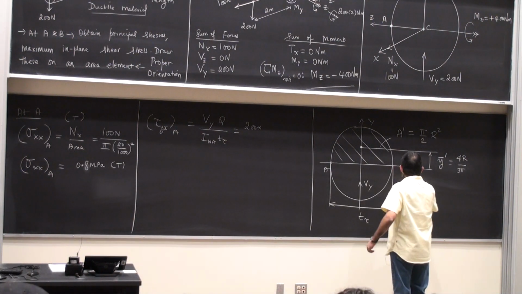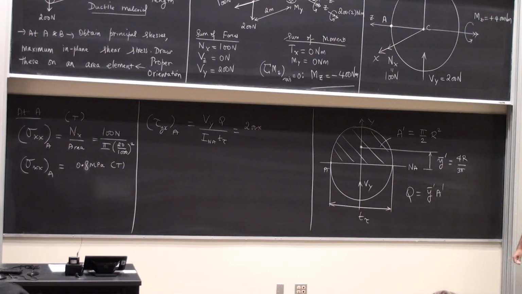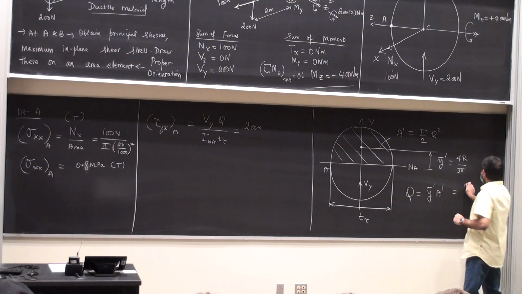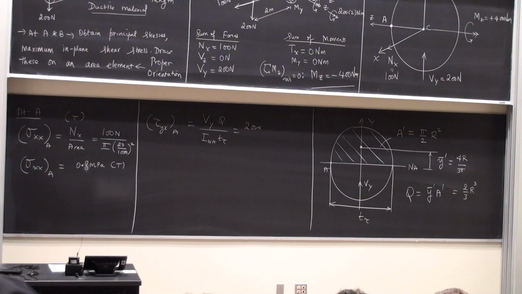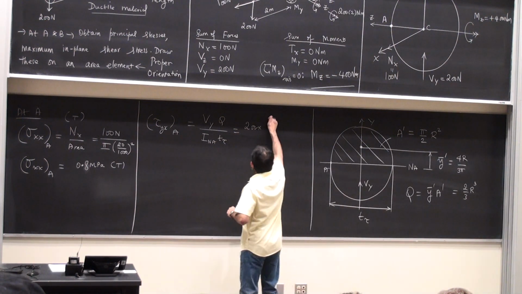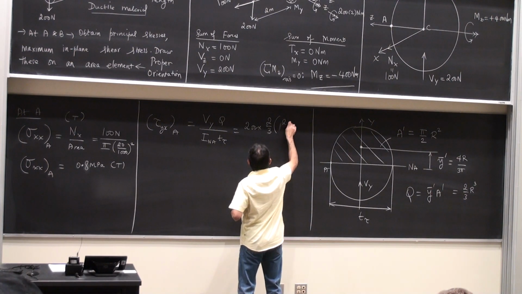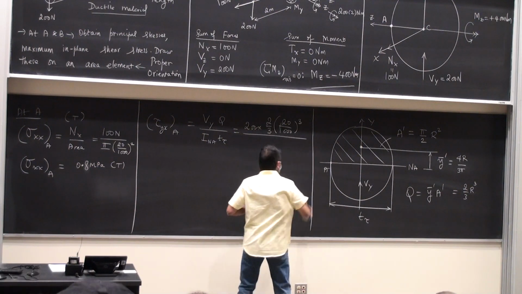So q, and that's going to be, if you do the math, 2 by 3 r cube. Okay? So 2 by 3 and 3, 1000 cube.